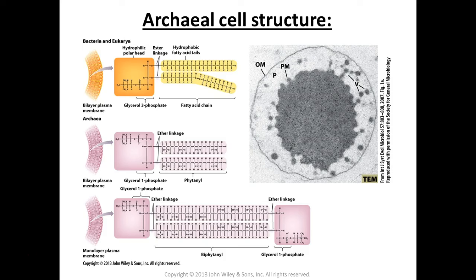I don't expect you to be able to detect an ester bond from an ether bond. I still am trying to figure it out looking at these diagrams because it's been too long since I've had organic chemistry. What's the important take-home message here? One's an ester bond, I don't know why I always say Easter, ester bond, and one's an ether bond.